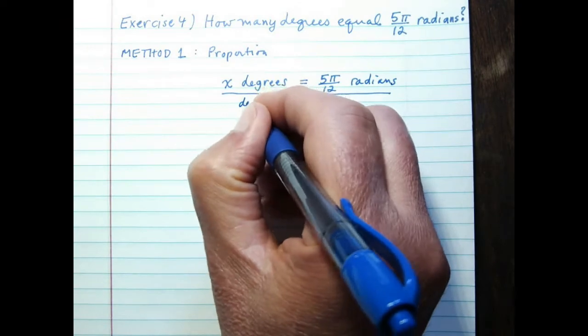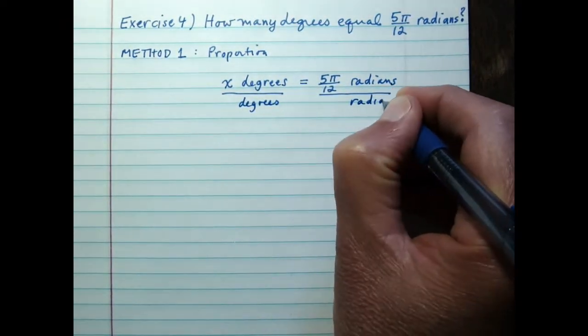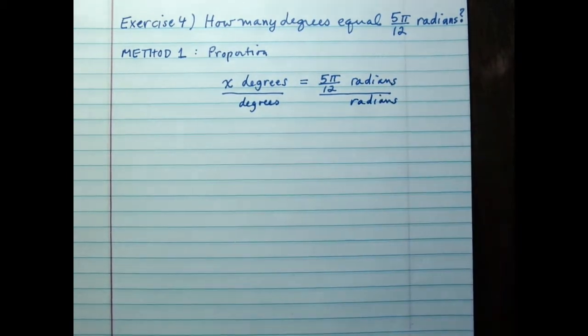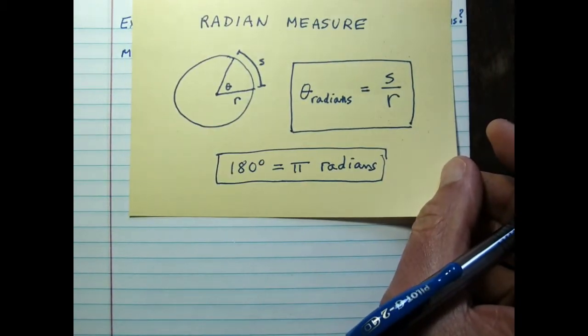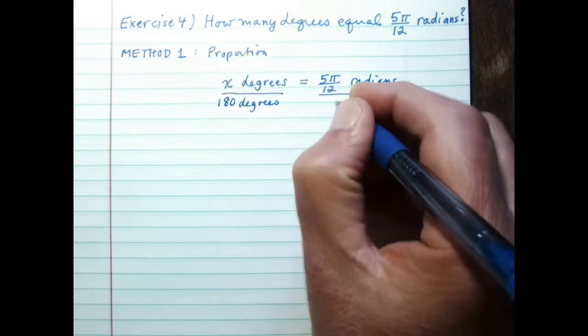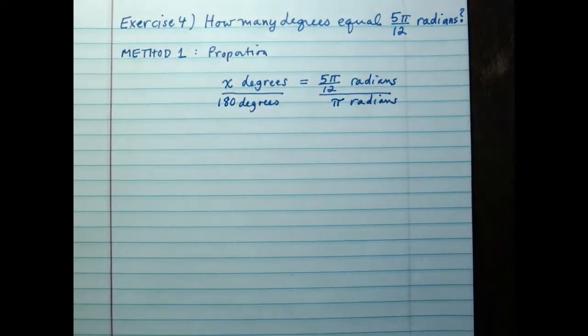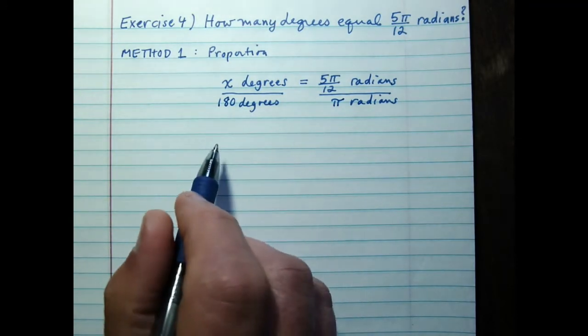I have to have degrees under degrees, and radians under radians. And what I'll rely on is my memorized relationship: 180 degrees is pi radians. And that is going to be the basis of the proportion equation that I solve.